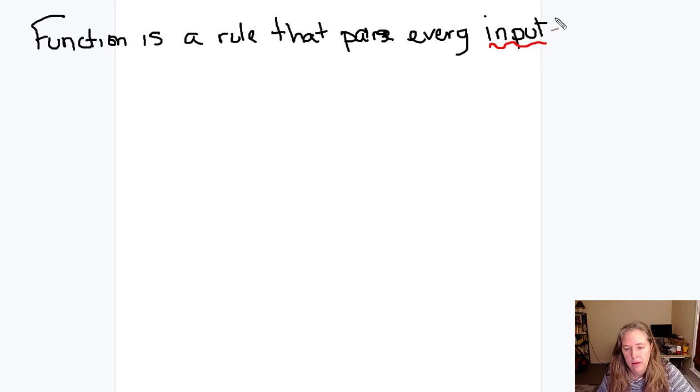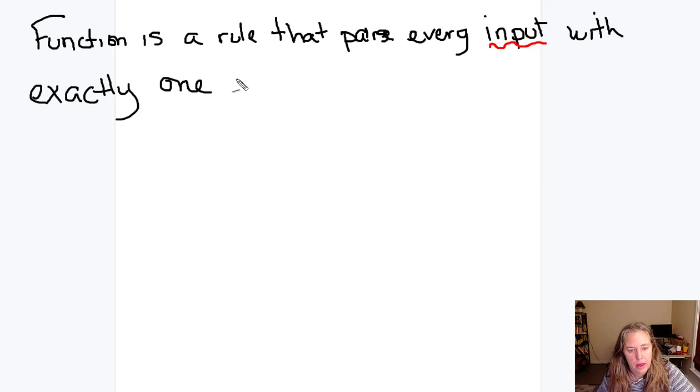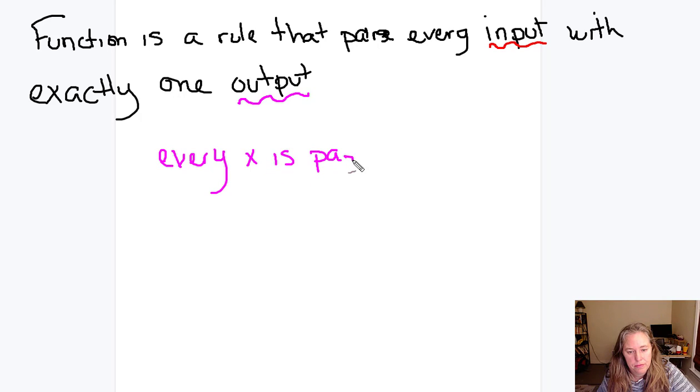X, independent variable, with exactly one output. So every input gets paired with exactly one output. Okay. Another way of saying that, we could say every x is paired with exactly one y.